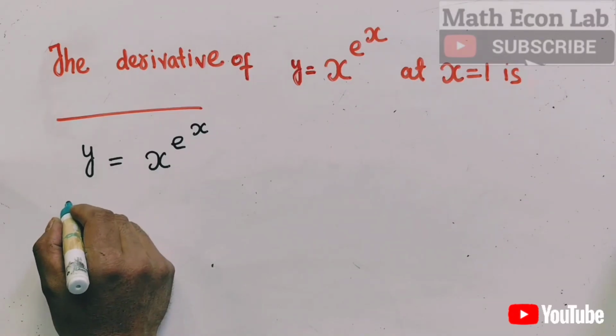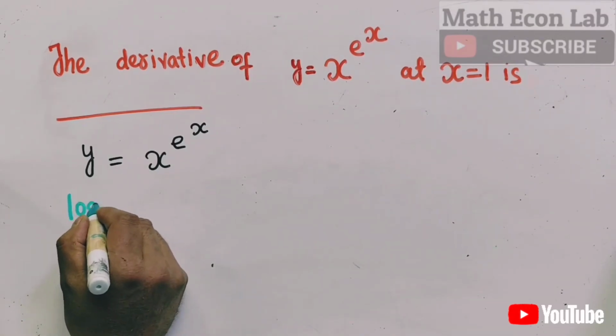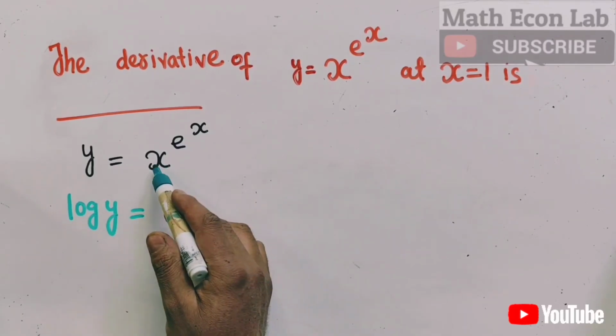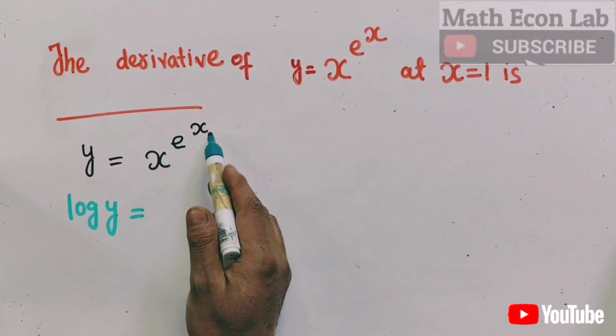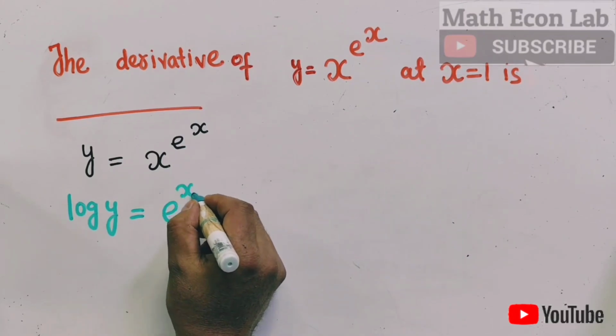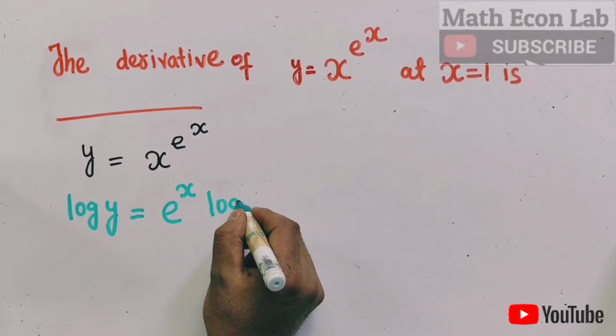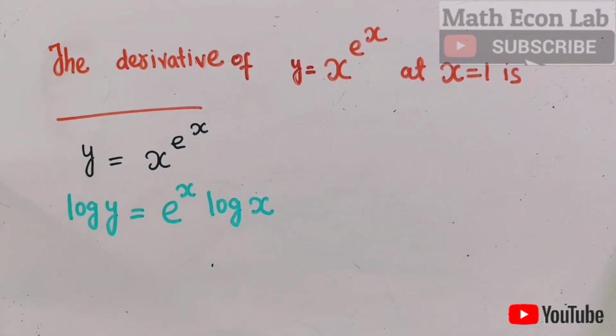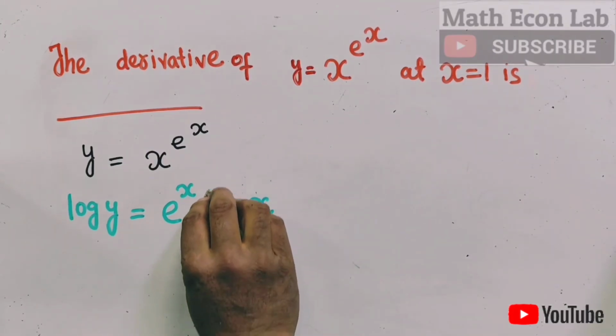That means log of y is equal to, now what is log of x raised to the power e raised to the power x? So e raised to the power x will become the coefficient times log of x.